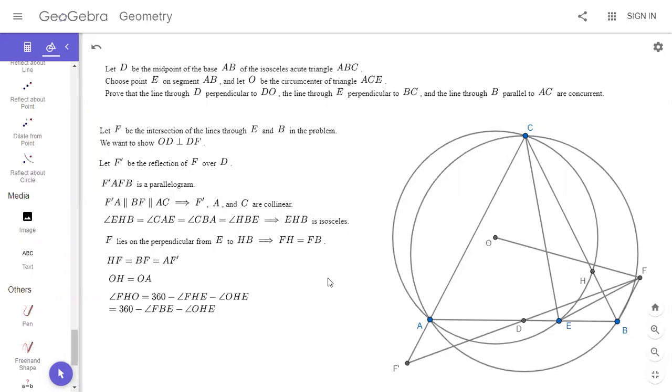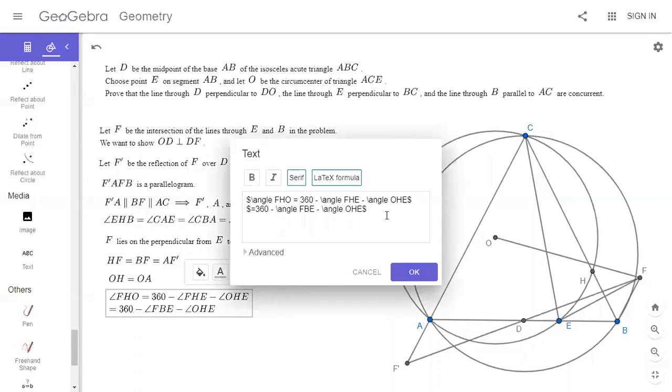FBE is 180 minus BAC. OHE is HEO. And then we can say HEO is 180 minus OEA minus BEH.